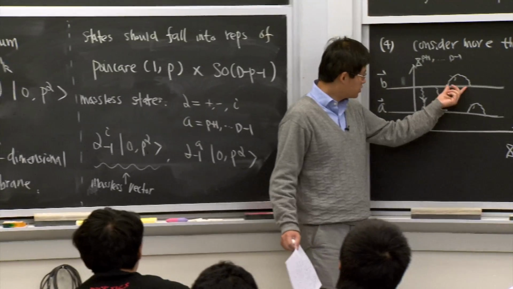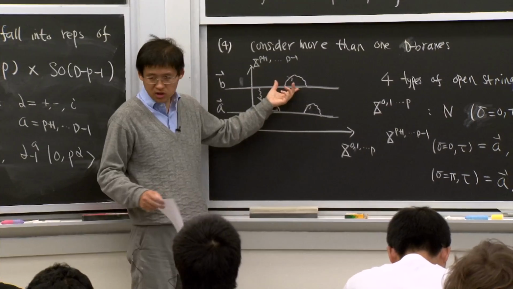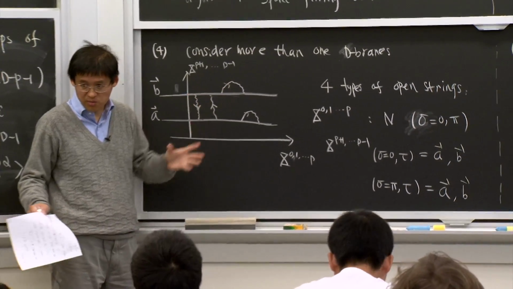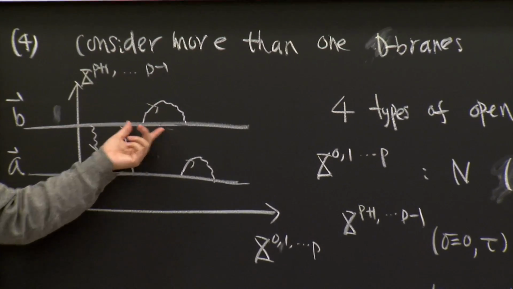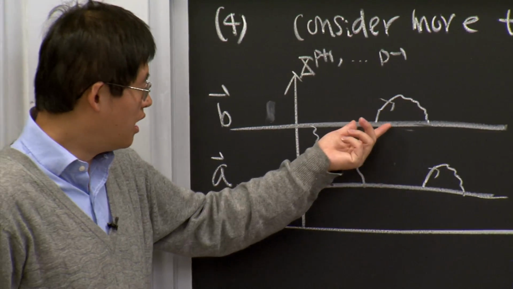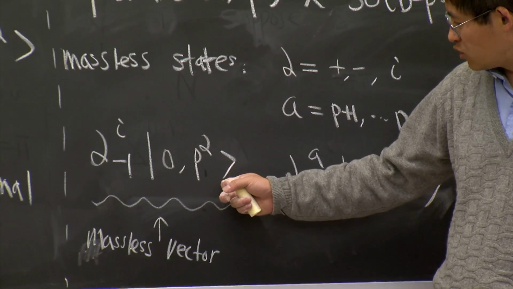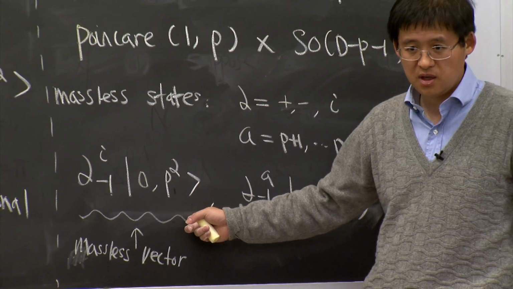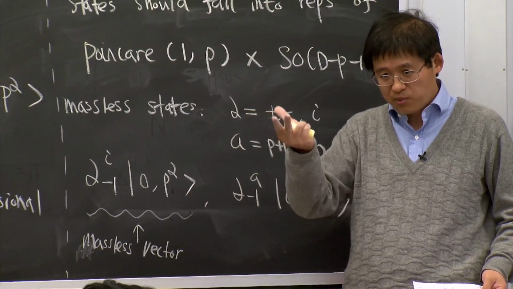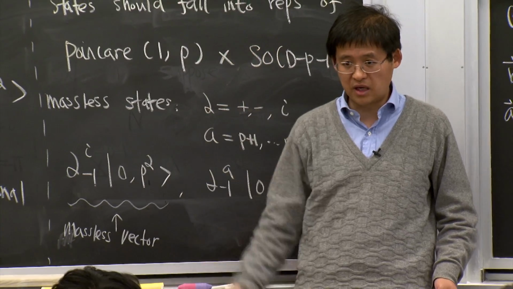Suppose the string is really very long, very big, then I should be able to see this one-dimensional structure. Indeed, that means that even though this corresponds to just one particular mode of the string, to see the string structure, you have to be able to excite this into other different modes, etc.